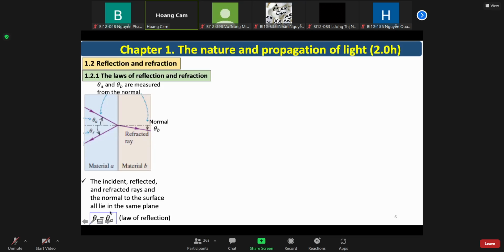I mean the first quantity should be on the right, and then the induced quantity should be on the left. So theta A here, which we should know when you inject the light like this one. So you write it on the right-hand side. Theta R is something depending on that. So that's why you write it on the left-hand side.